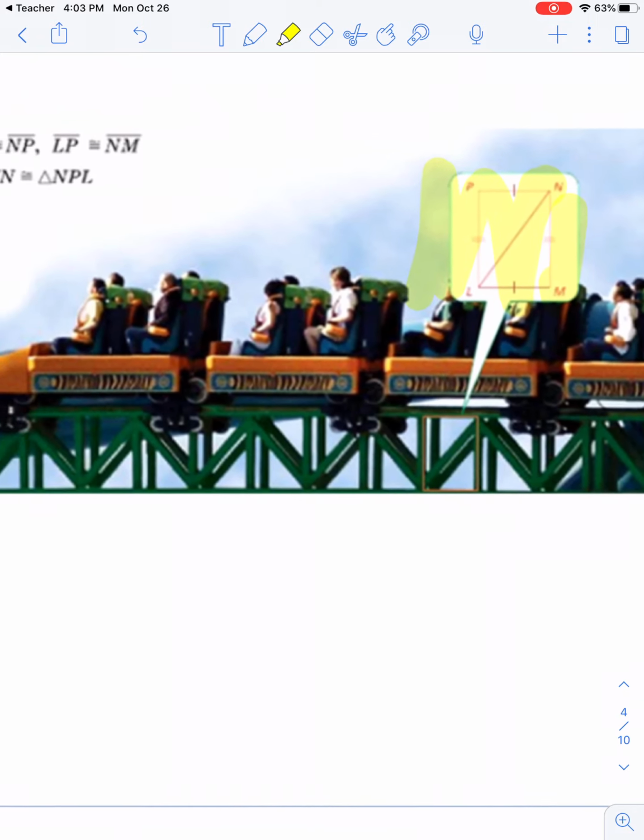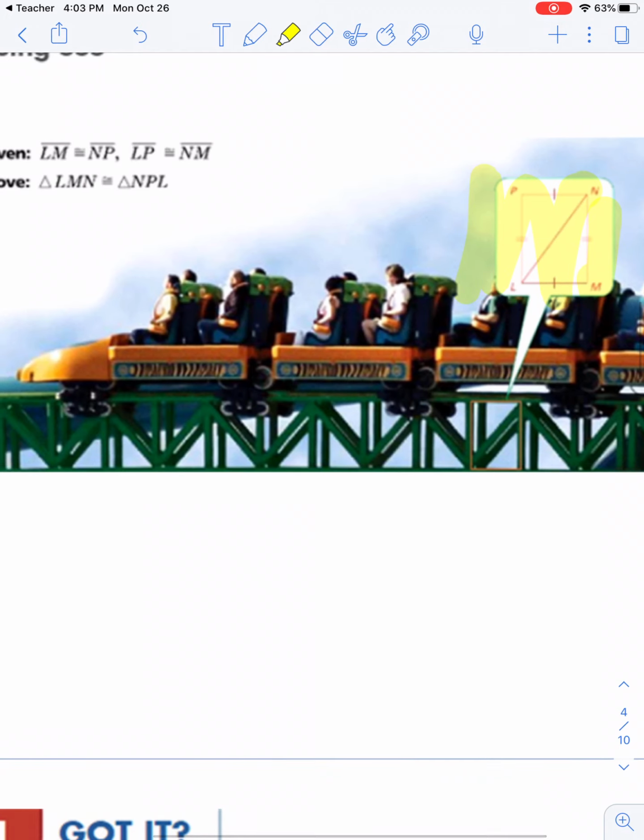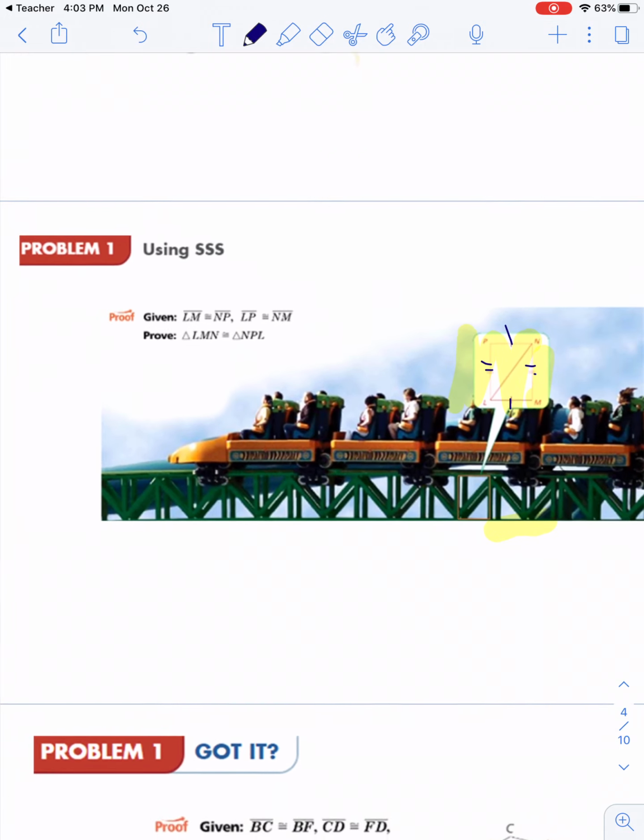I can make it a little bit bigger, but LM is congruent to NP, and they've got that marked here. And LP is congruent to NM, and that's marked here. Prove LMN is congruent to NPL.